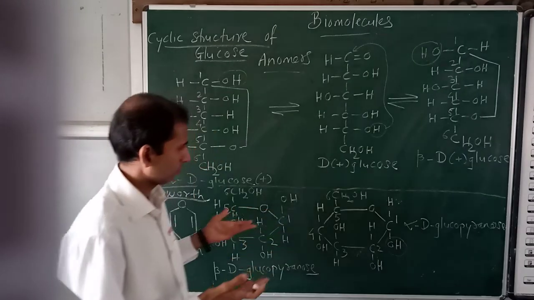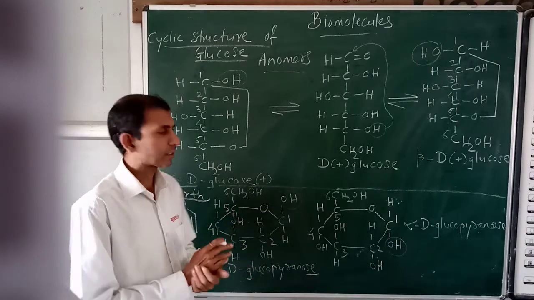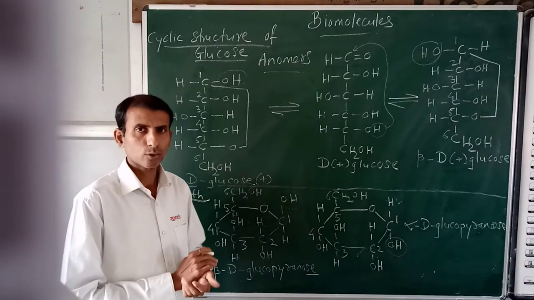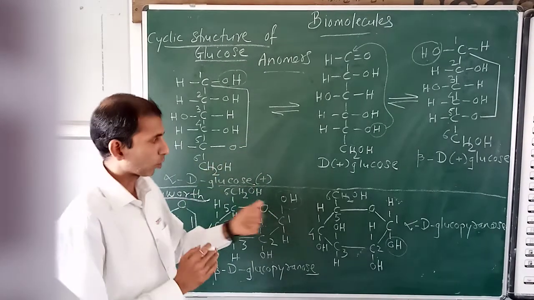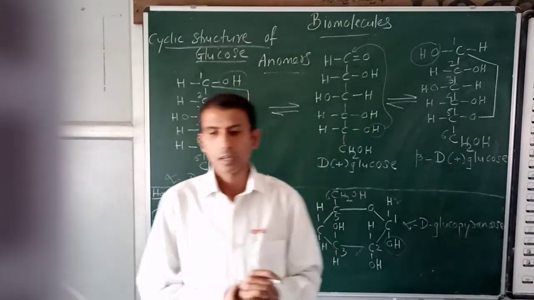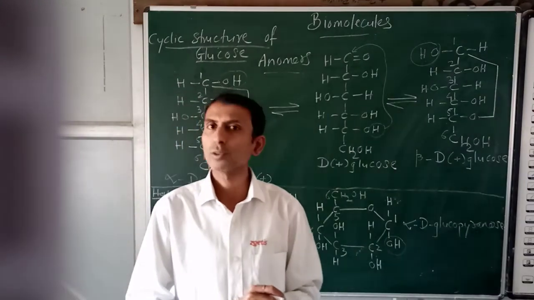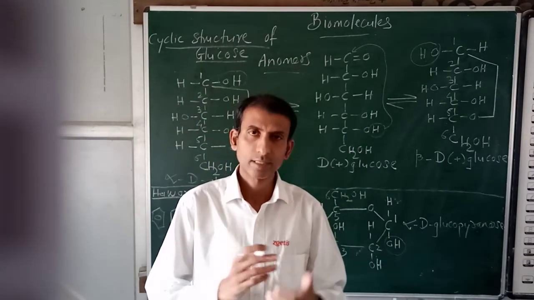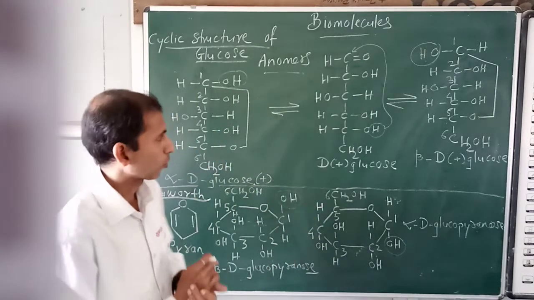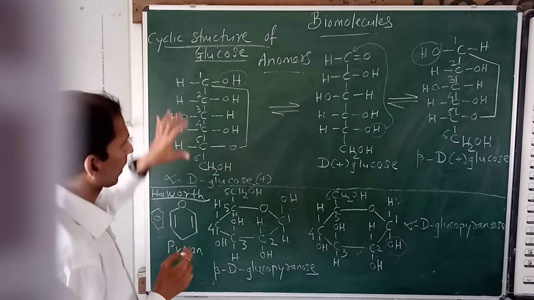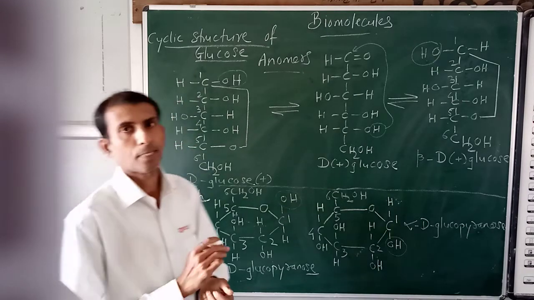So coming 2-3 lectures, again we continue with the cyclic structure of fructose, reactions of glucose, more important, and then 2-3 more important biomolecules, for example proteins, enzymes, nucleic acid. So all these biomolecules we have to cover, but not in that detail. Only carbohydrates they are given in detail.